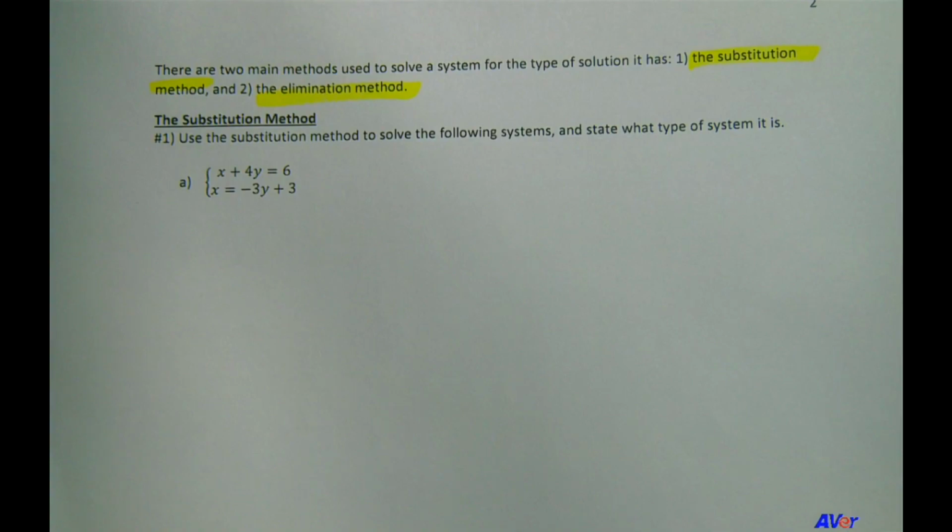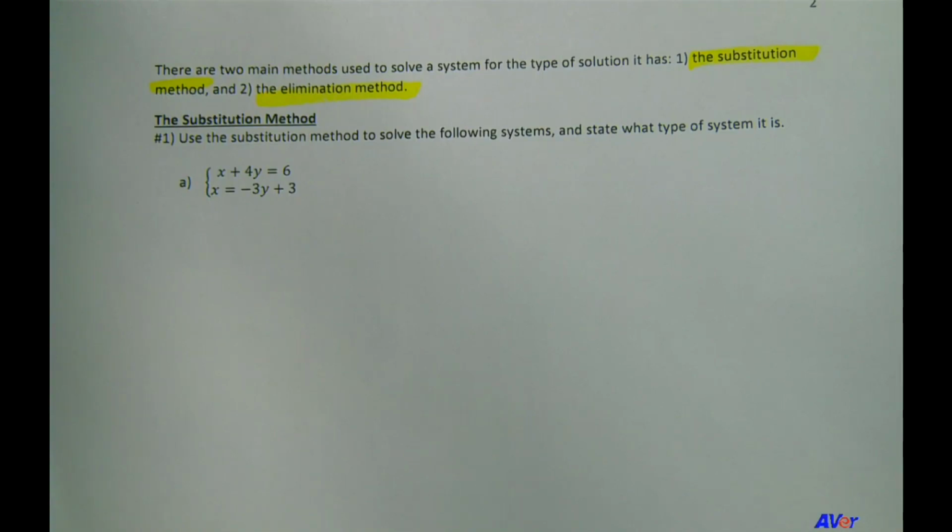Well, if you have three equations, three unknowns, you must reduce that system to two equations, two unknowns. Only after you've done that can you apply the method we will be talking about shortly. Okay?